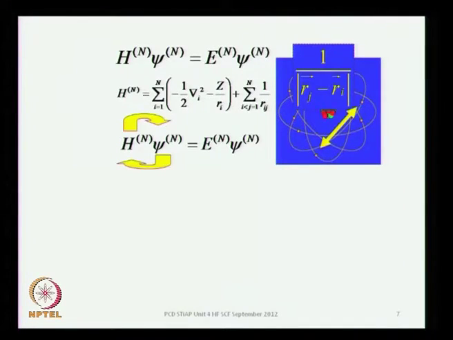Now, using this Hamiltonian, which is based on a guessed wave function, I now solve the Schrodinger equation and get the solution, and now I ask, is this solution the same as what I had guessed? If it was, I got lucky. If not, no problem, I will change my guess.